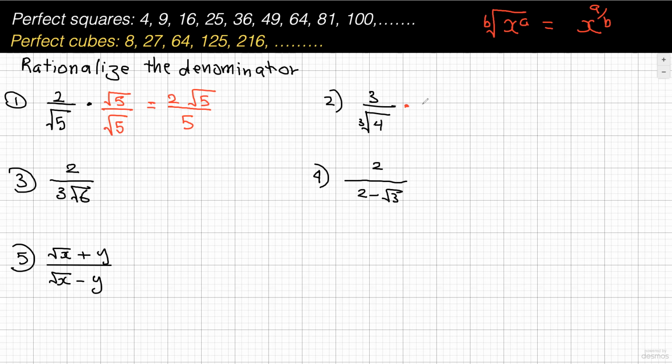When you're doing the cube root, you have to multiply by the bottom, but you have to do that twice. And I'll tell you why in a second. And whatever you do to the bottom, you do to the top to get rid of the cube root on the bottom. So now maybe this I'll do in details here.